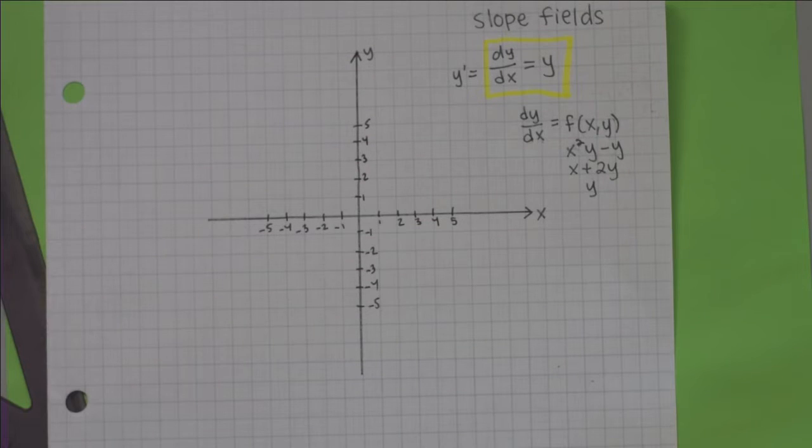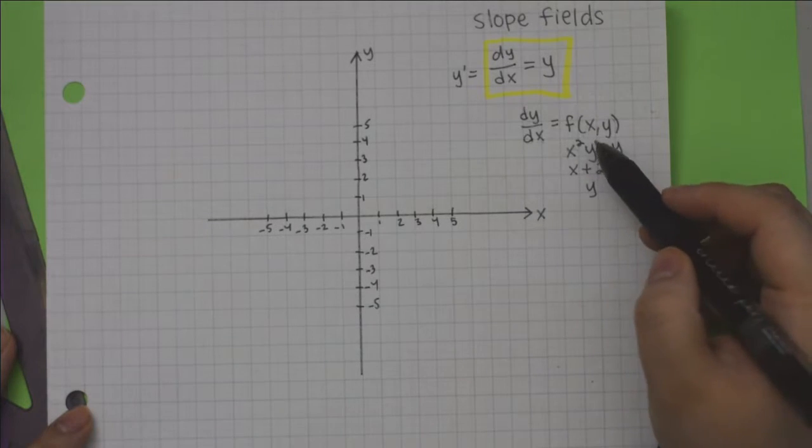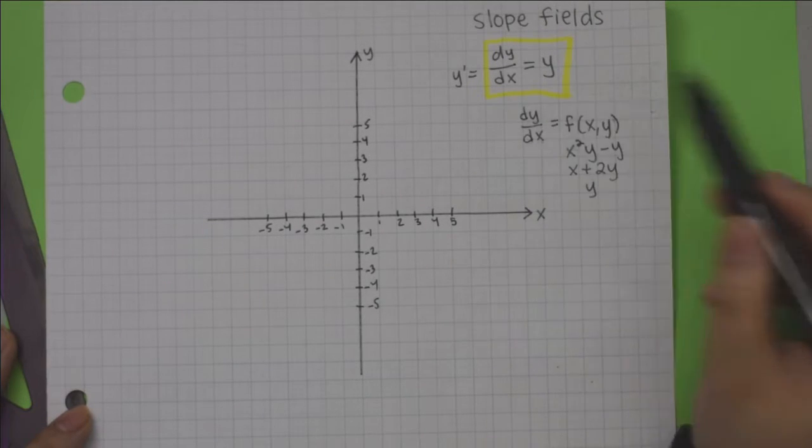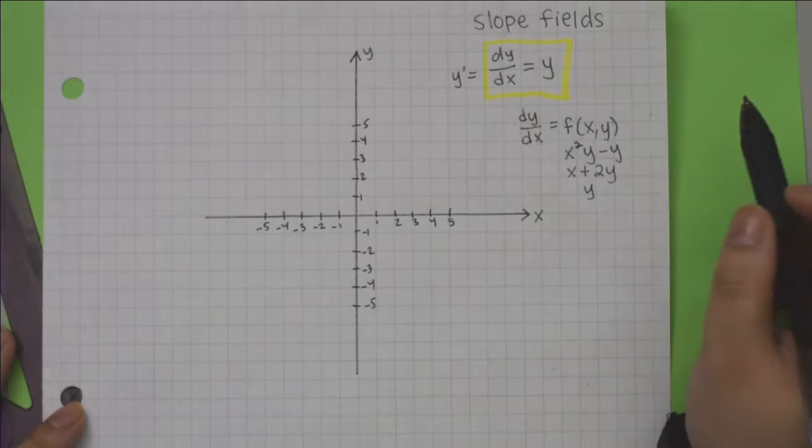As long as we have dy dx on one side, and some sort of function of x and y on the other, then this can be helpful.